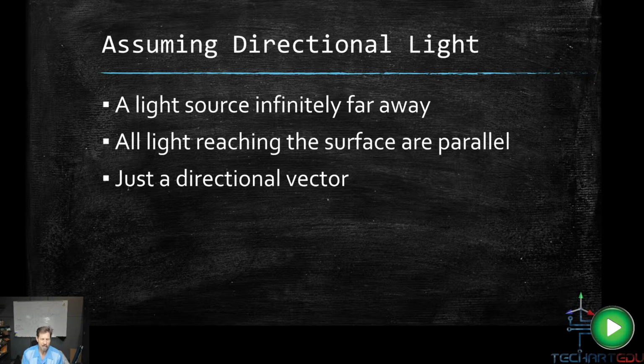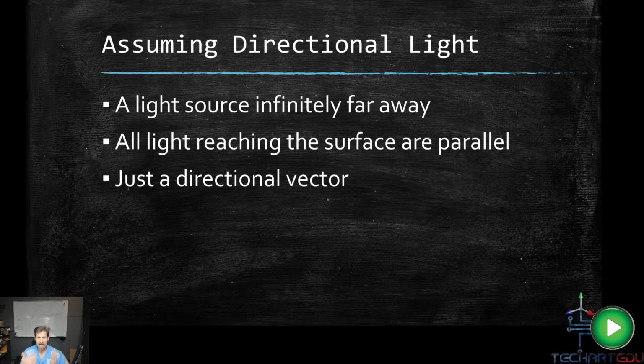So we're just going to assume directional lights, keeping it nice and simple. A directional light, in case you didn't remember, is like a sun or a moon, some kind of big source of light sending out bazillions of light rays all parallel with each other, all going in the same direction. So the commonality is they all have the same directional vector.